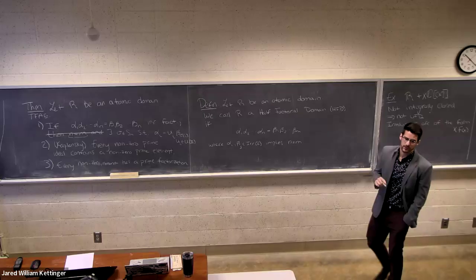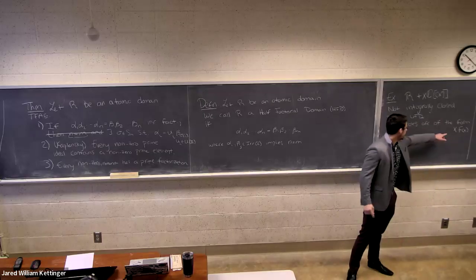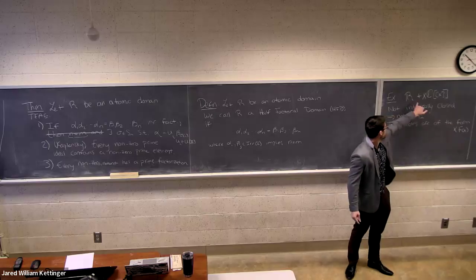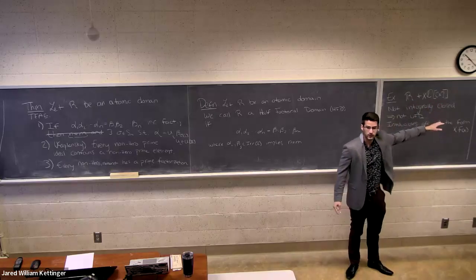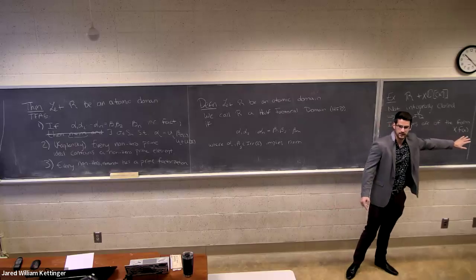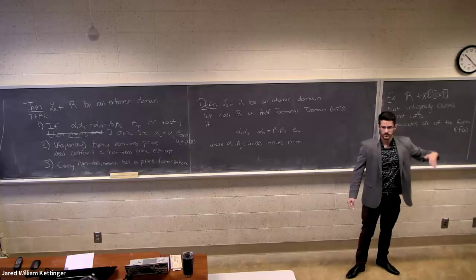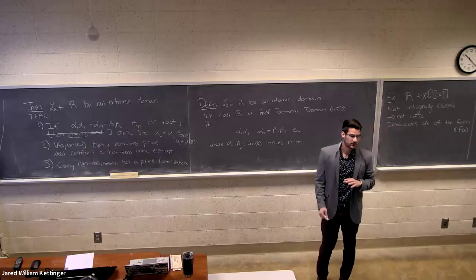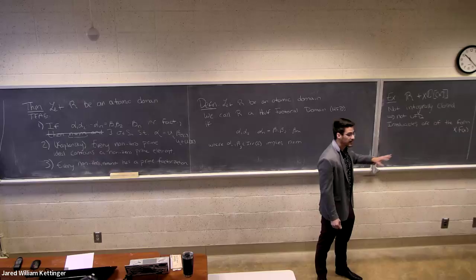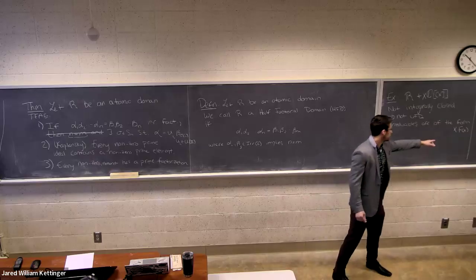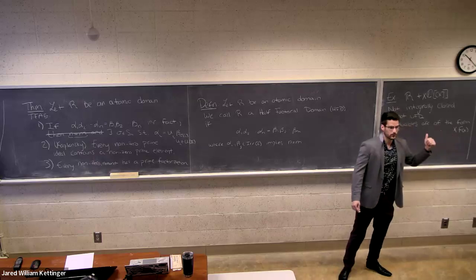You can convince yourself of this by noting that if x doesn't factor out, because this is a power series ring, you're going to get a unit. So the non-units look like x to the n times f of x, and the irreducibles are going to be the ones of power 1. Take any non-zero non-unit, and you can count the number of irreducibles in any factorization as the number of x's that you can pull out.